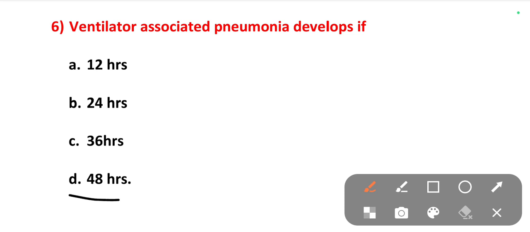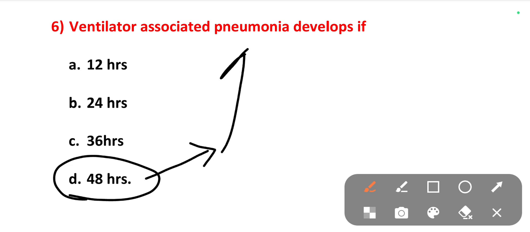So the right one is 48 hours. So when the patient is having continuous ventilator assisted breathing, I mean when they attach the ventilator to the patient, if it is more than 48 hours, the patient may have risk for ventilator associated pneumonia.